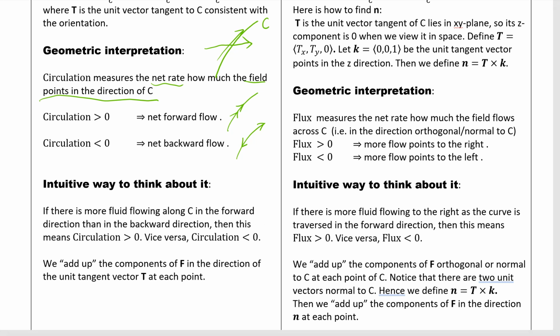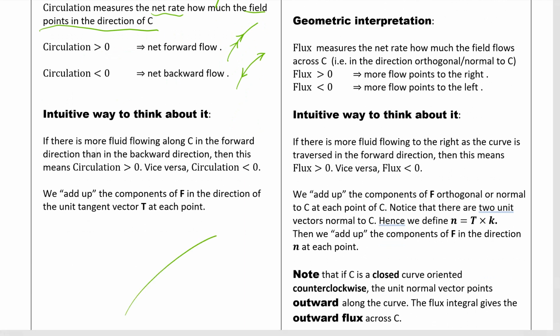So we add up the components of the force, the vector field, in the direction of the unit tangent vector T at each point. So far so good, because the unit tangent vector measures in the direction of C. Okay, this is C. This is the unit tangent vector. So far so good, everybody.